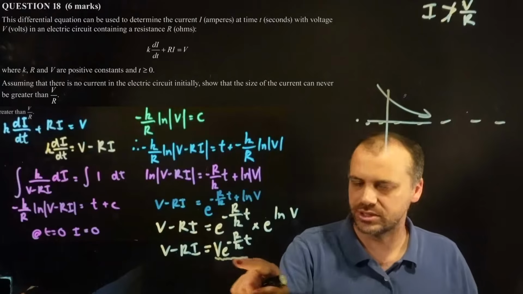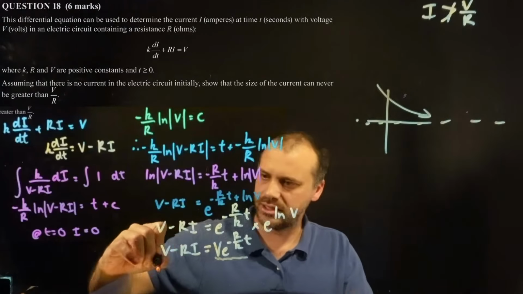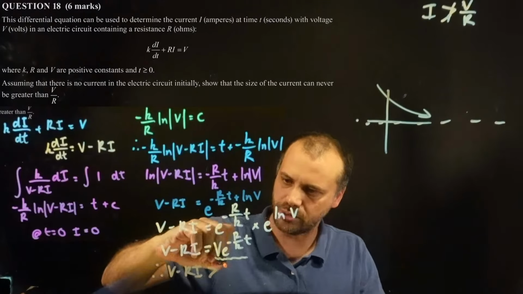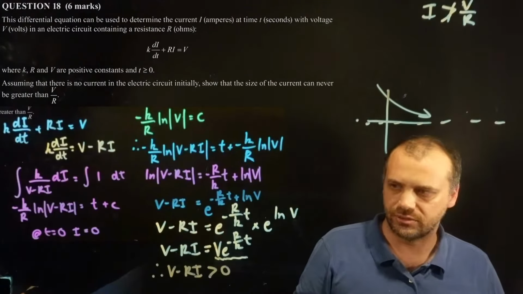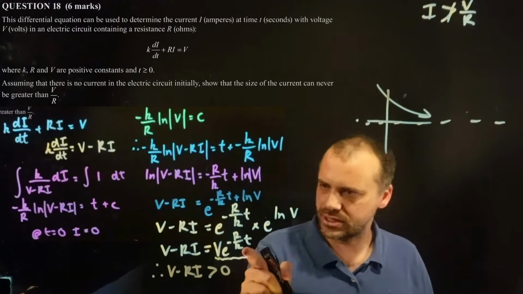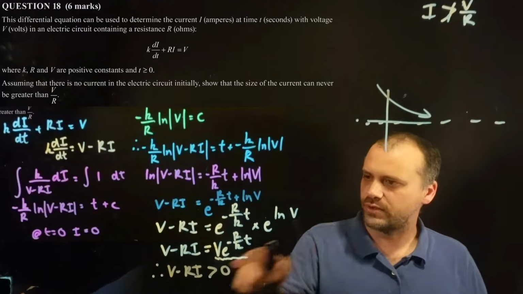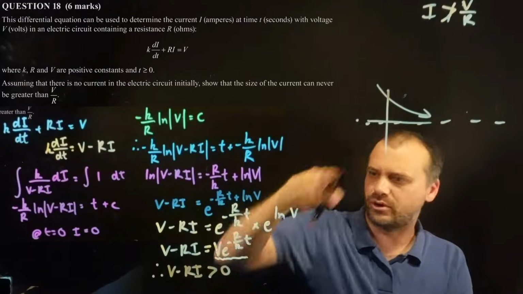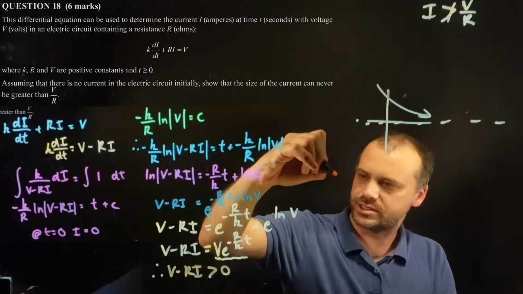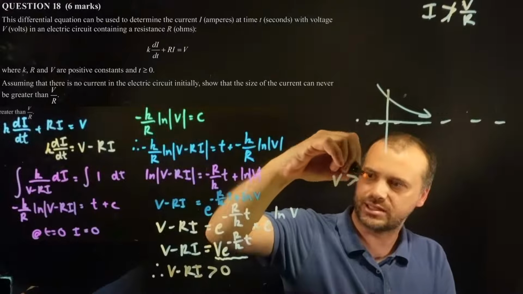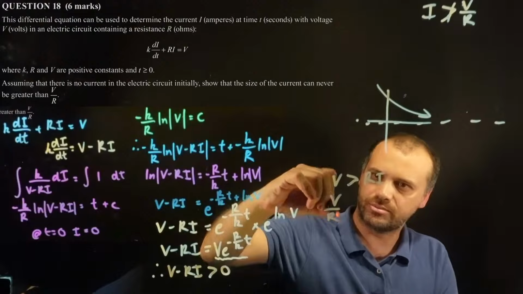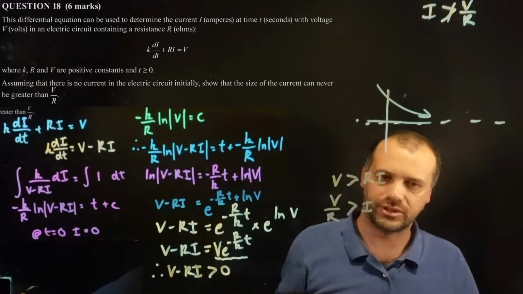This is always larger than 0, which means that therefore v minus ri is always larger than 0, right? Because this is always larger than 0. So if v minus ri is always larger than 0, I want to get i by itself. So I could say that v is larger than ri, and v divided by r is larger than i.